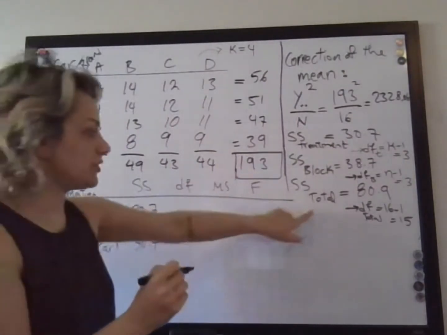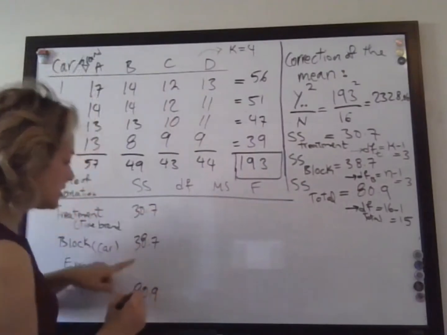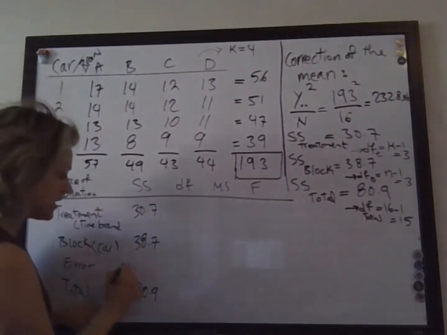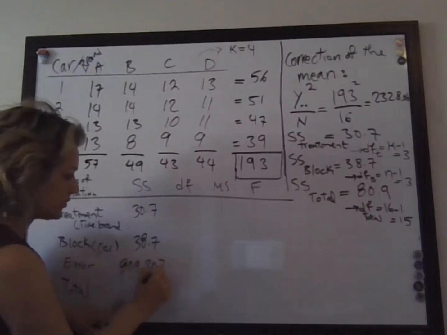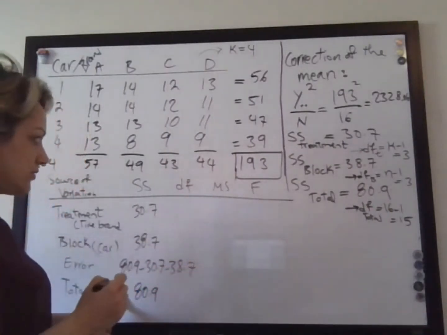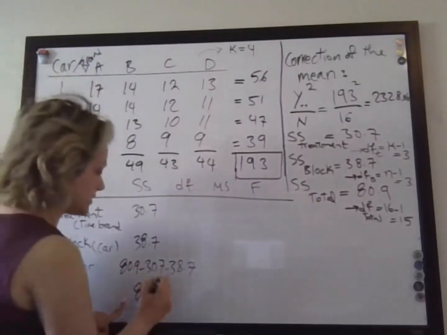And then I have for the total 80.9. So we can find the error one. So for error, what are you going to say? We will say it is 80.9 minus 30.7 minus 38.7, which is equal to 11.6.